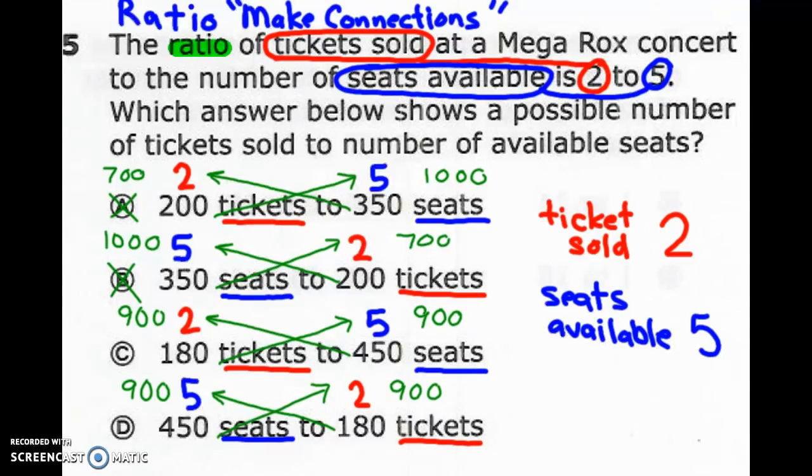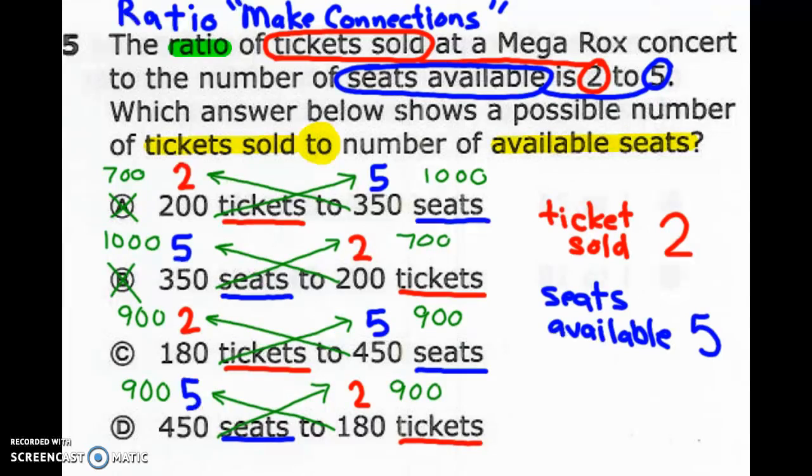So what I'm going to do now is go look at what the question is asking me for. Which answer below shows a possible number of tickets sold to available seats? So let me look at what did they ask me for first.